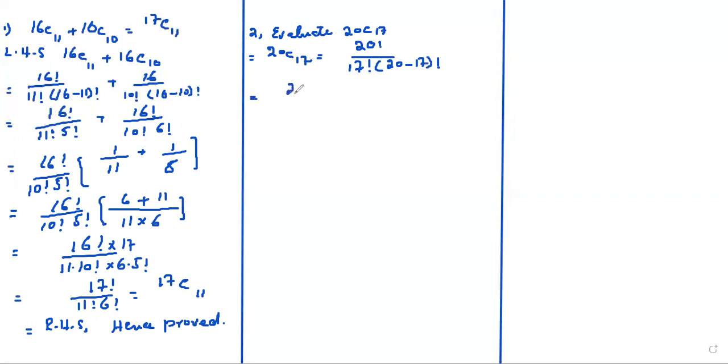This will become 20, 19, 18, and 17 factorial divided by 17 factorial and 3 factorial. The 17 factorial gets cancelled, and we are left with 20 times 19 times 18 divided by 6. 6 threes are 18. And we have the answer 1140. This is the answer.